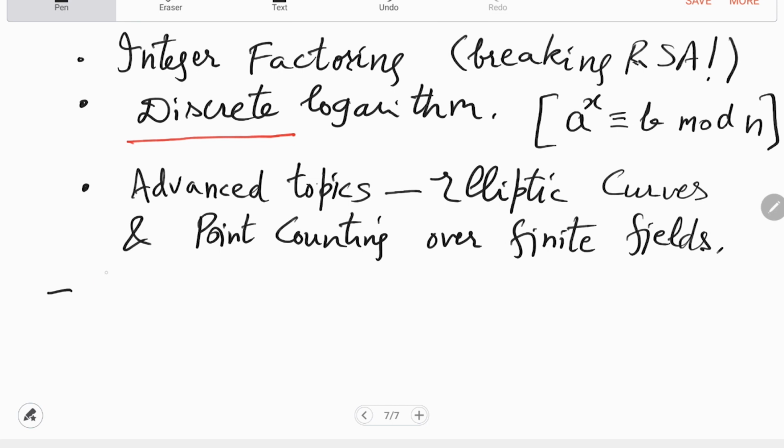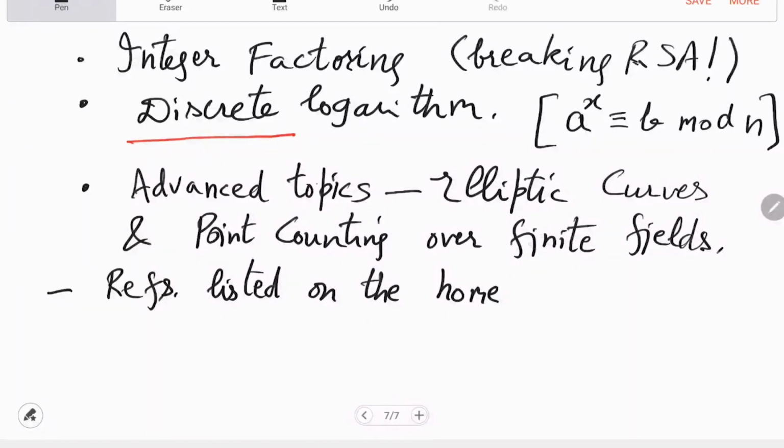Some references I will put on the home page, which you can look at under teaching. In fact, you can also look at the lecture notes from the earlier offerings.